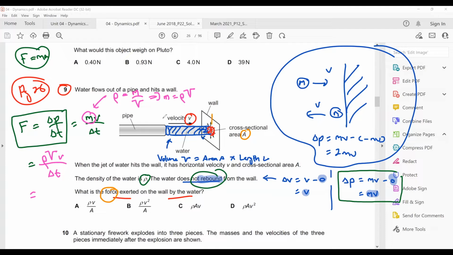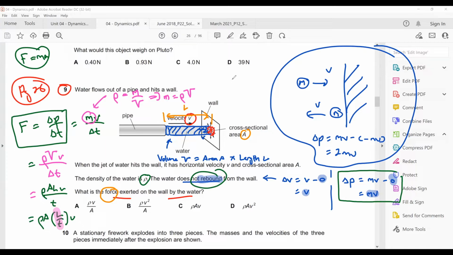Your length L could be something like this. So now you can say rho A L v over t, but then rho A L over t times v, this little thing here is distance over time.